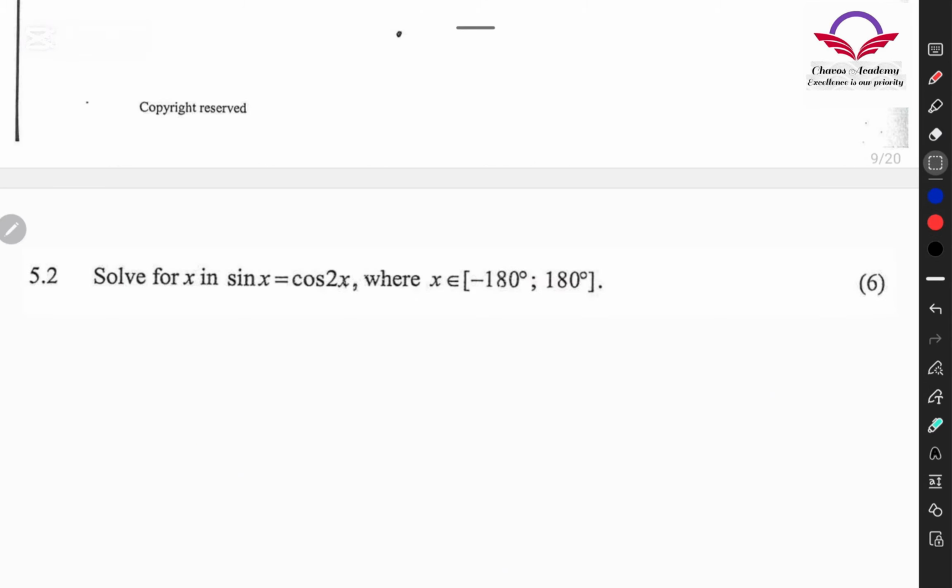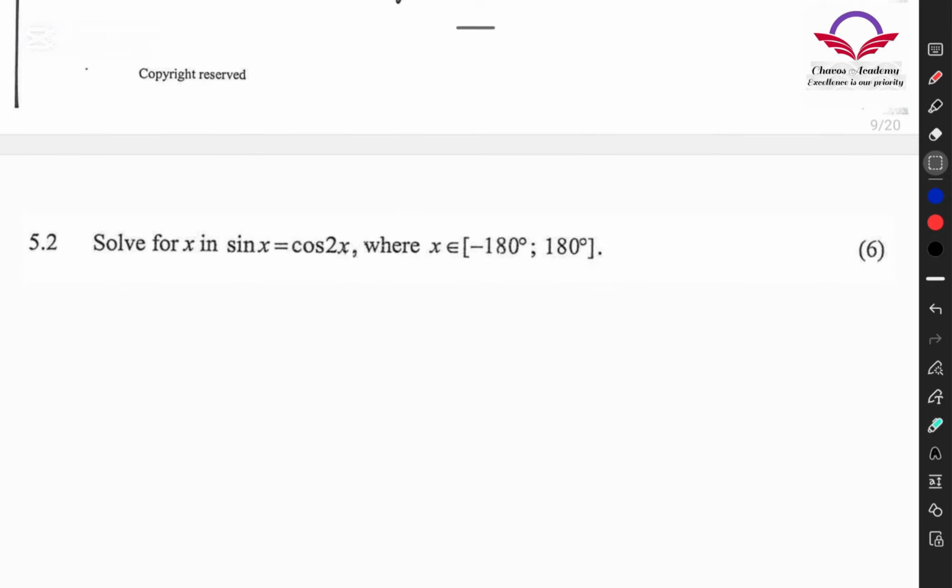Okay, 5.2, we need to solve for x. Given the equation there, it's a trig equation where x should be between negative 180 and 180.